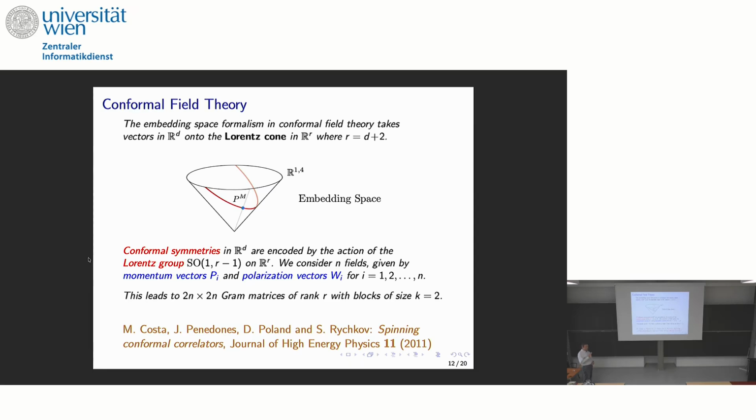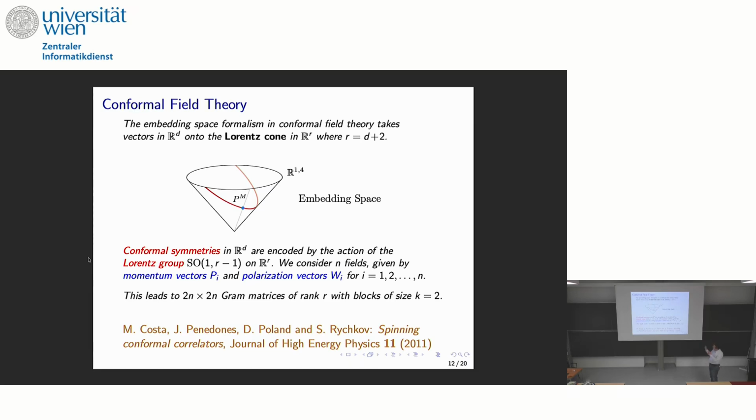Now, in cosmology, they speak about fields, and I've been trying to understand from Claire in the last couple of months what a field actually is, making very slow progress. So now we have n fields, and each of these fields has a momentum vector p_i and a polarization vector w_i, where i is from 1 to n.